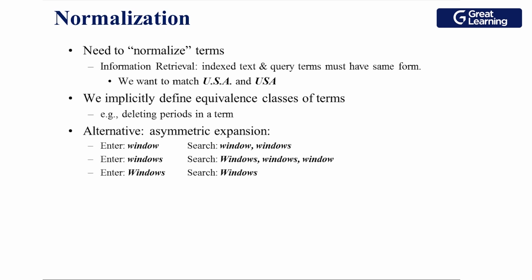But if somebody is searching for capital "Windows", it's really, really bad to show a web page about furniture windows, because if somebody has written a capital W, they mean Microsoft Windows there. So certain expansions or alternative expressions hold one way but not the other way around. They are asymmetric in nature. Therefore, when you're doing normalization, you must make sure that you are doing it in a nice way.